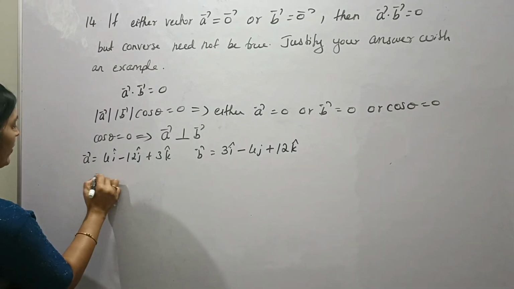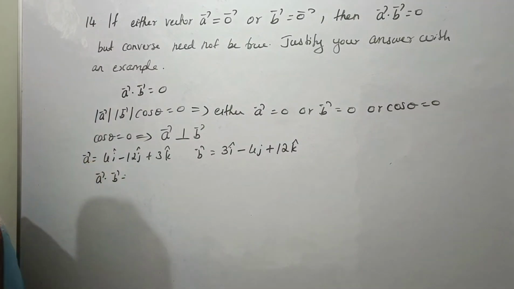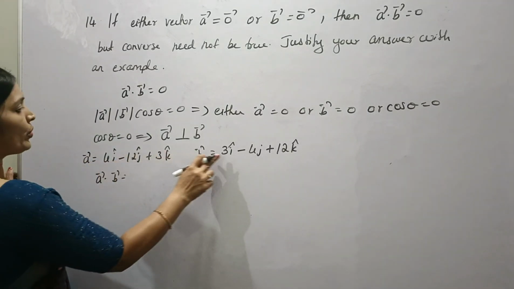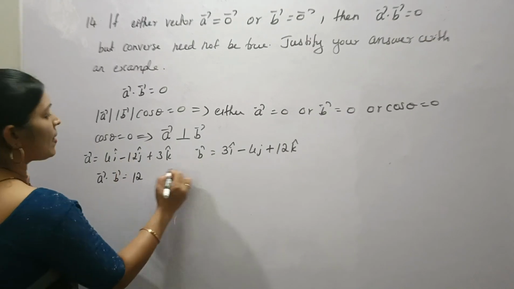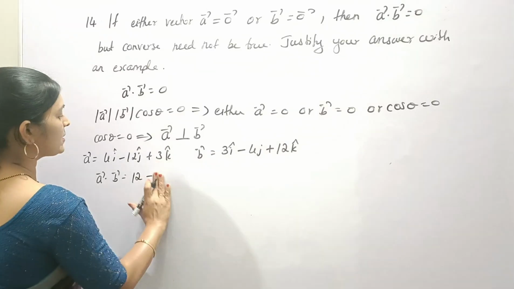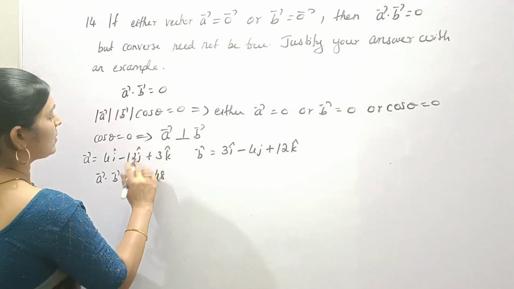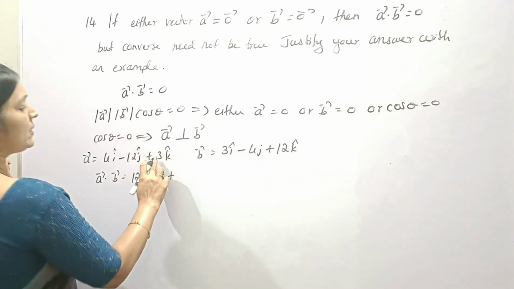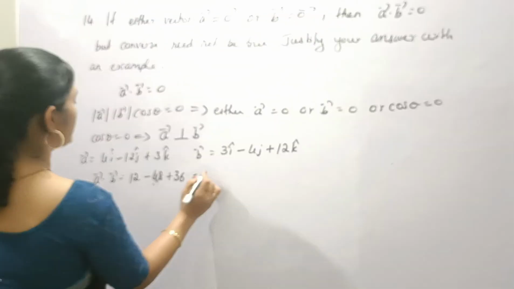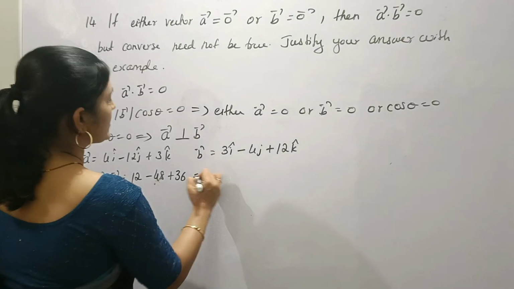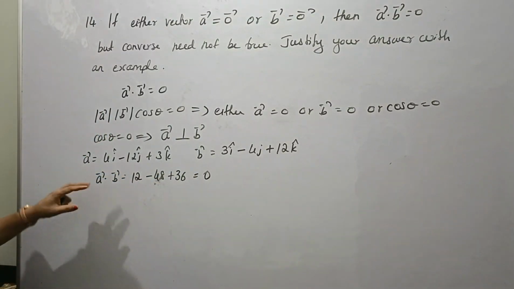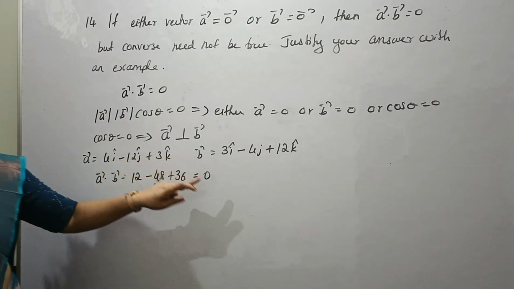So let's see what vector A dot vector B is. That is 4 into 3, 12, minus 48, plus 36. That is 48 minus 48, 0. See, here vector A dot vector B is equal to 0.